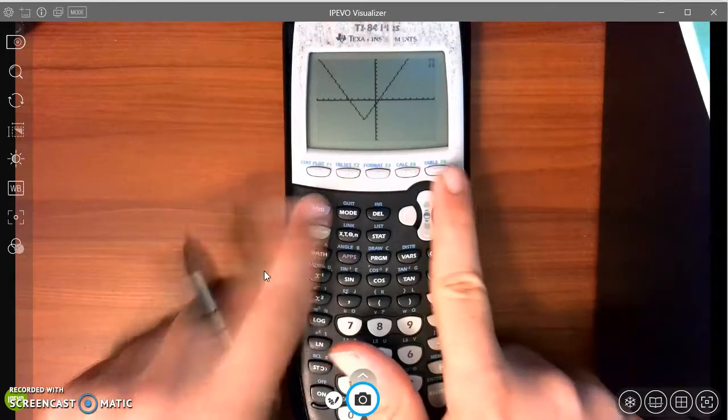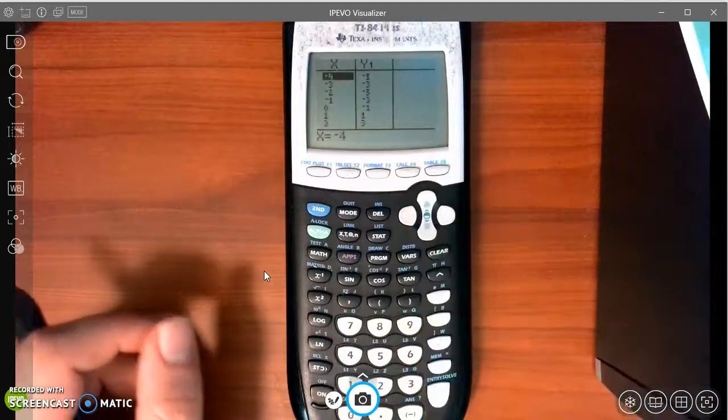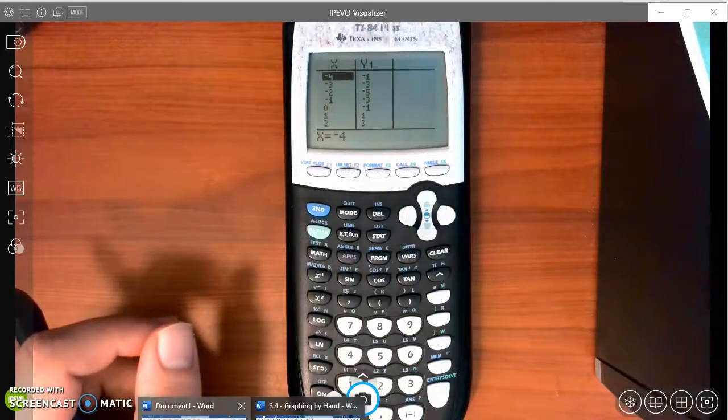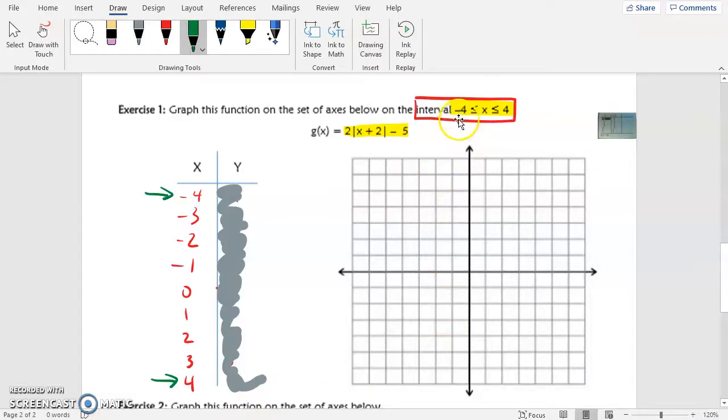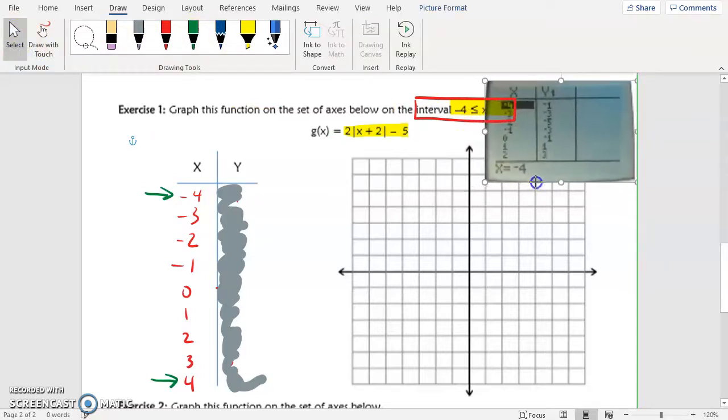And then I will do second graph to get my table. Now remember, the question told us, hey, I need to start at -4 and stop at +4. So what I'm really looking at is this table right here. I've already got it for you most of the way.